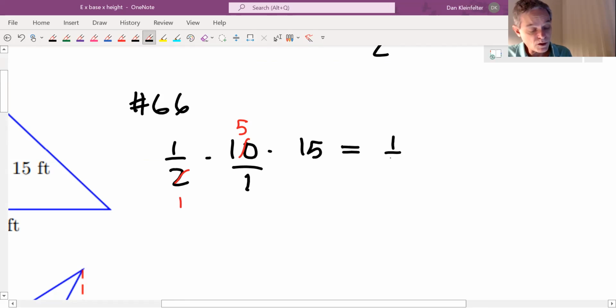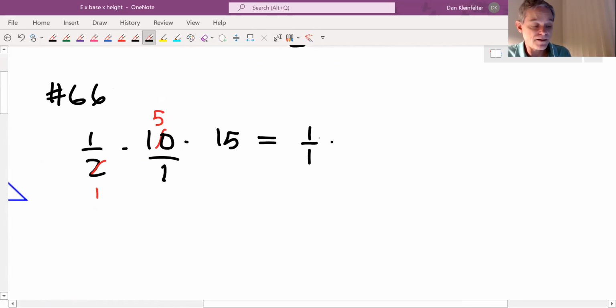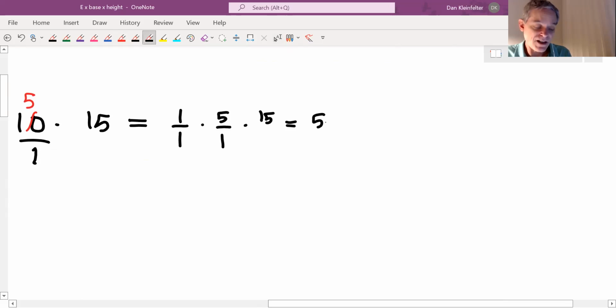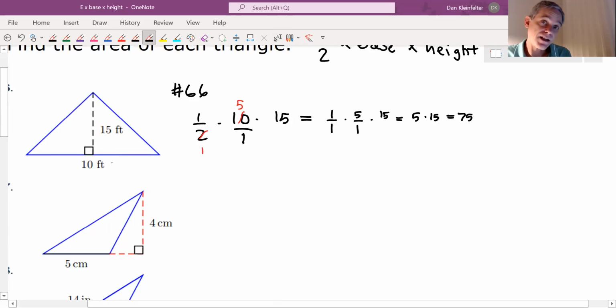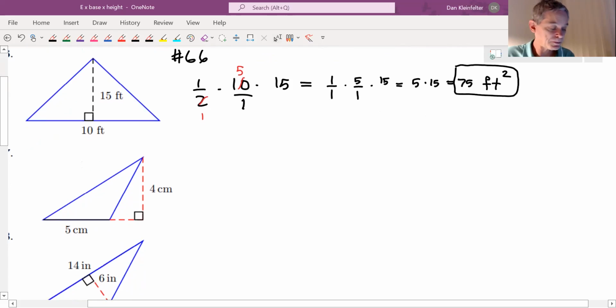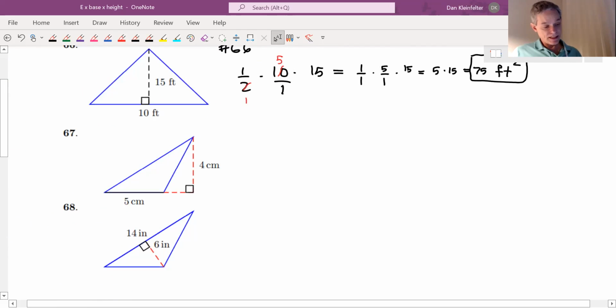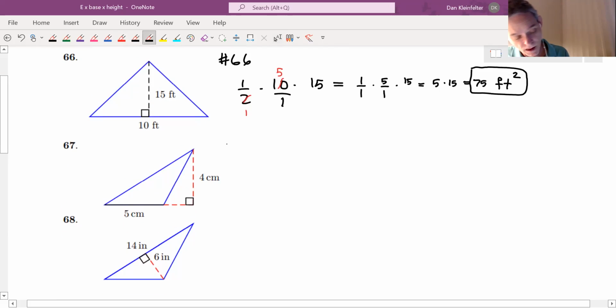Okay, so this will give us 1/1, not a lot to do there, times 5/1 times 15. That's the same as 5 times 15, which is 75. And then we would need units on there. And so since our lengths are measured in feet, it will be square feet. 75 square feet.